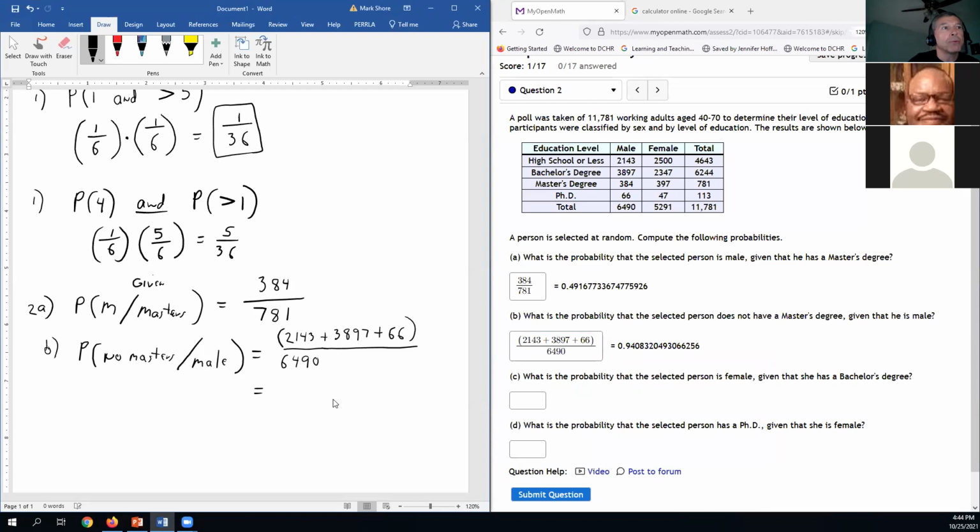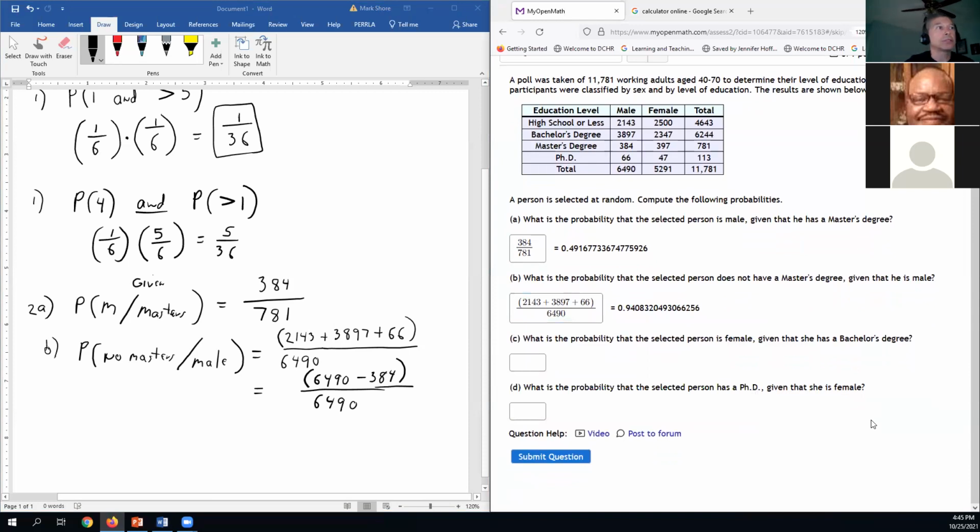You could say, and maybe this might be a little bit quicker typing, it's out of the 6490, out of all your males. And how many of those don't have a master's degree? Well, all of them, except for the 384 that have a master's degree. So if you do this, you'll get exactly the same thing as what we have right there.